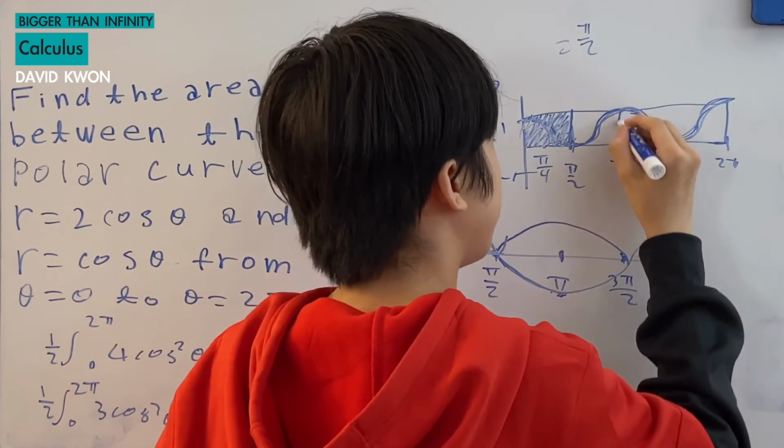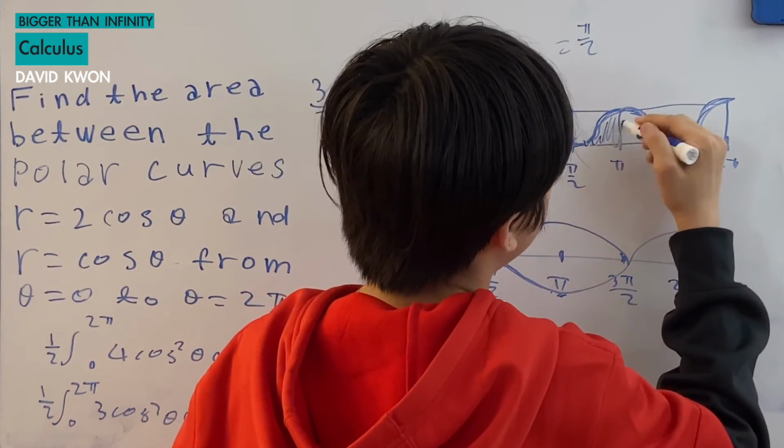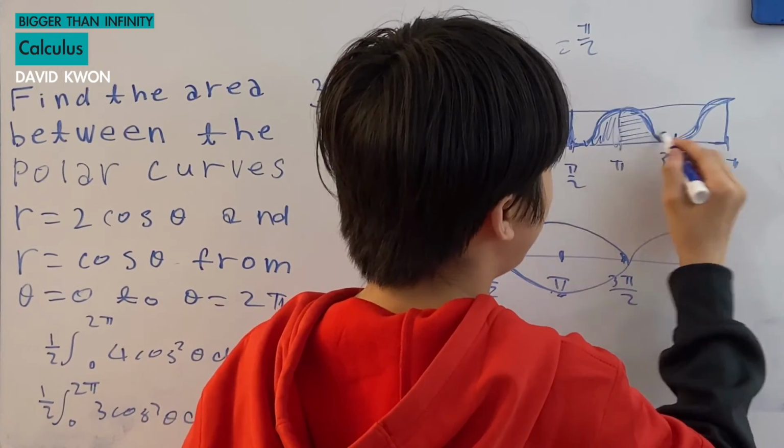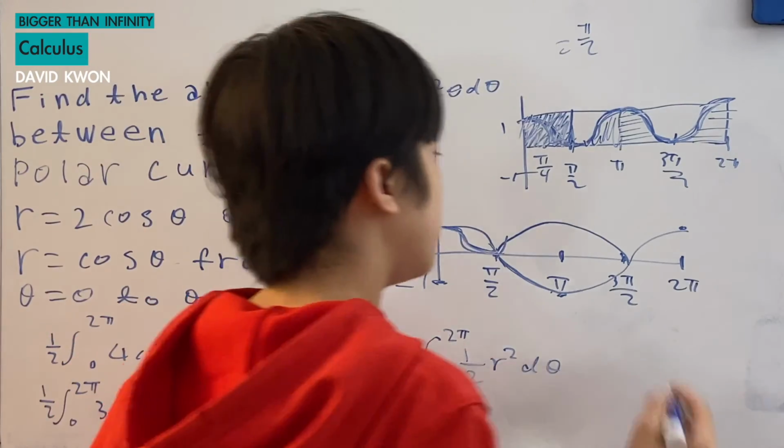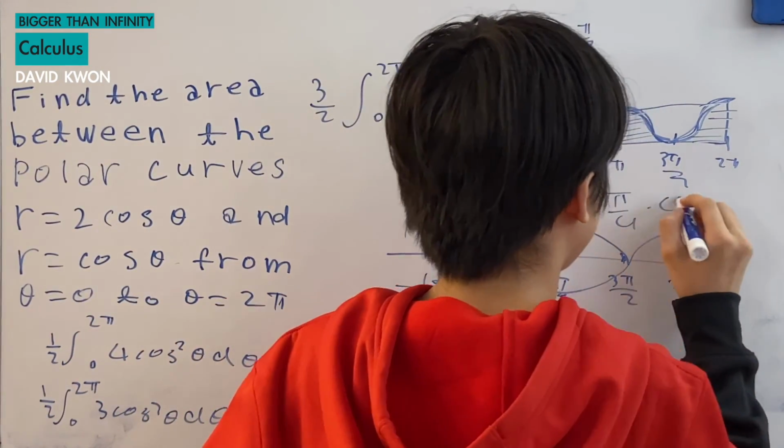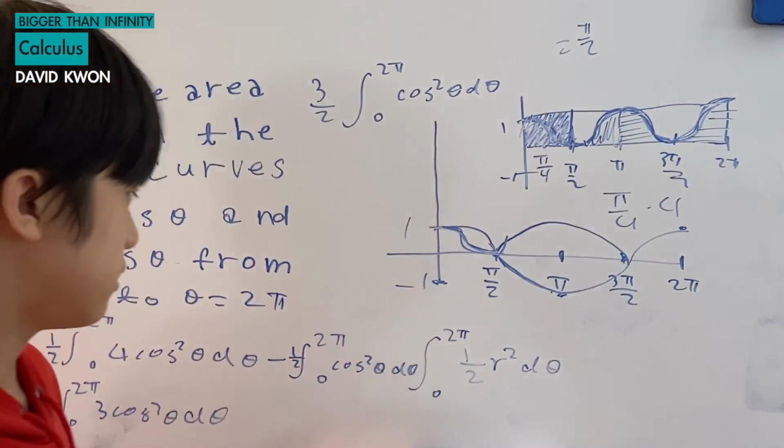And we have another pi over 4, another pi over 4, and another pi over 4. So how many pi over 4s is that? There are 4 of pi over 4.